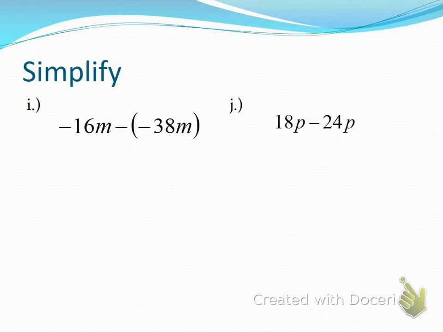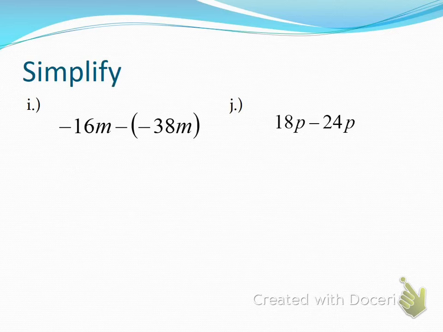On letter I, do we have like terms? Yes. Now, I brings in an idea that we've sort of talked about when we talked about opposites. If I were reading this whole problem, I would probably read it as negative 16m minus negative 38m.